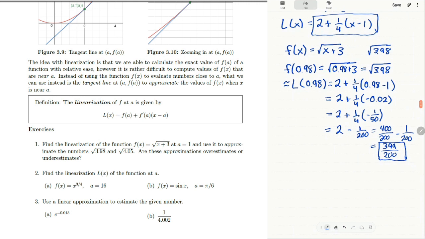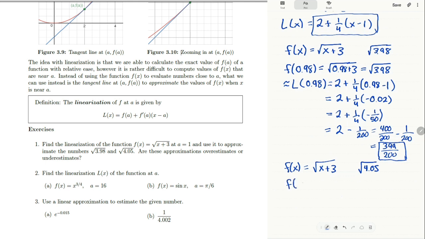So let's also approximate the square root of 4.05 by using the same linearization. So again, if our function is the square root of x plus 3, and I want to approximate the value of root 4.05, then what x coordinate do I need to use so I get the square root of 4.05?